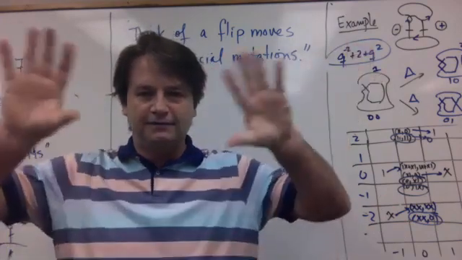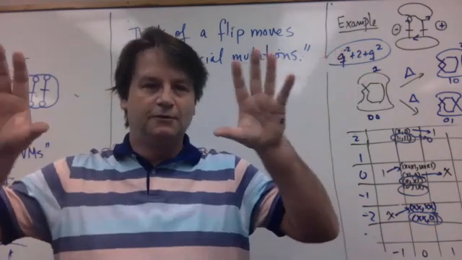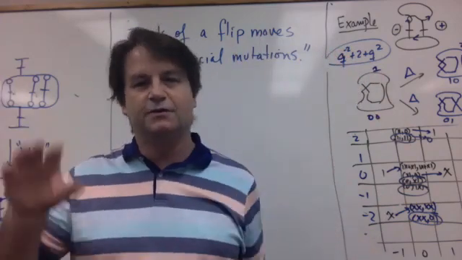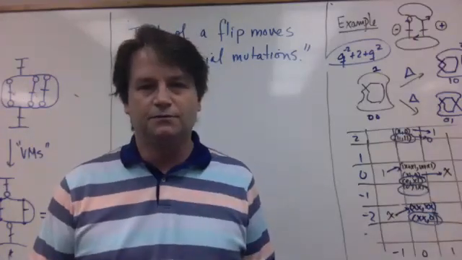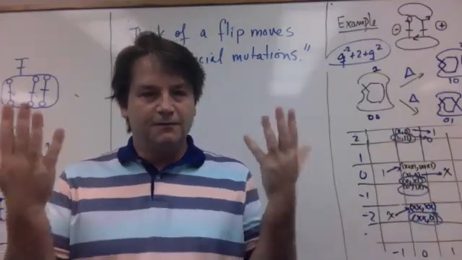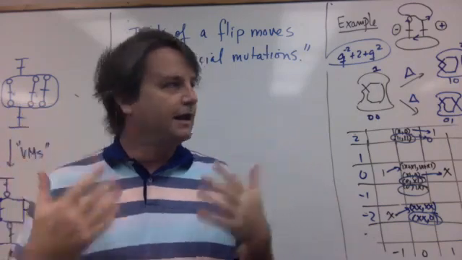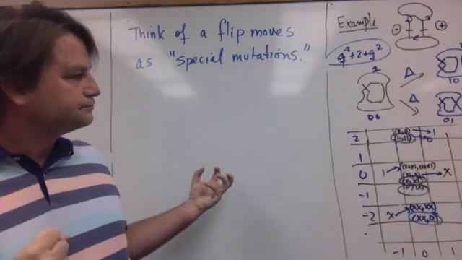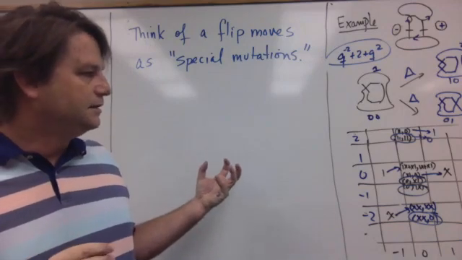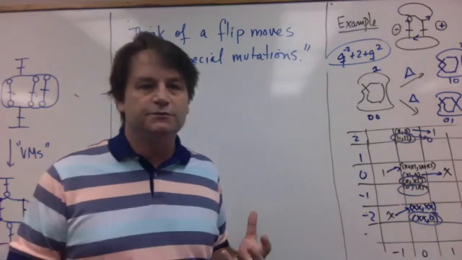So in my head, I have these two different pictures. When I want to do a graph invariant, I'm thinking of mutations. When I want to do a virtual link invariant, I'm doing Reidemeister moves. And it's helpful to see that they're different, and helpful to approach them from those points of view.